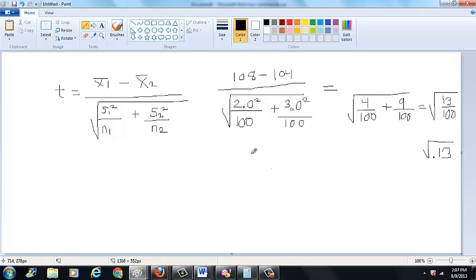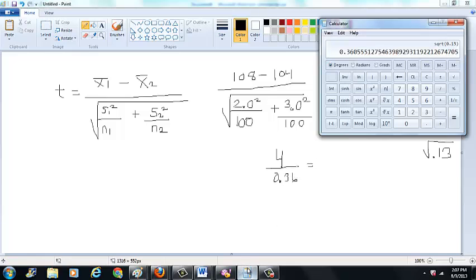The bottom of our fraction is 0.36, so we have 4 over 0.36. What does that come out to? 11.11 if we round it.